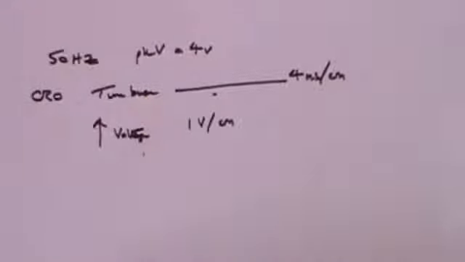And you are asked what the shape of the alternating current will look like on the cathode ray oscilloscope.